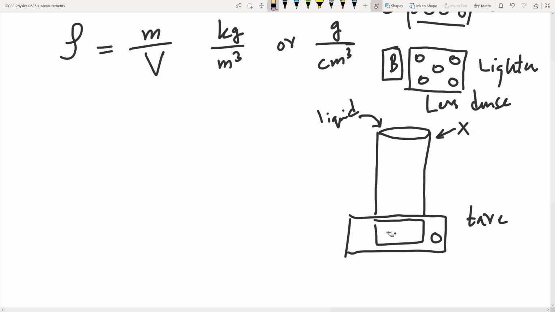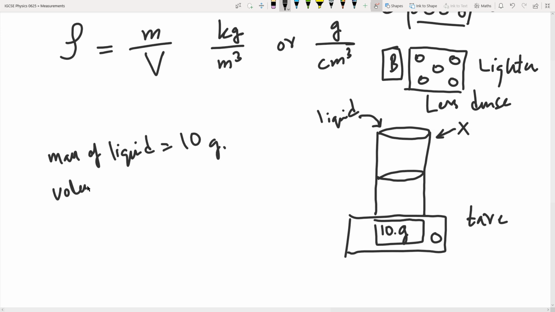Now there's a certain volume over here, so that is the mass of the liquid. So let's say it is 10 grams, right? So I'm going to note this mass of liquid is equal to 10 grams, and then I'm going to note the volume of liquid, let's say that is 25 ml, right?